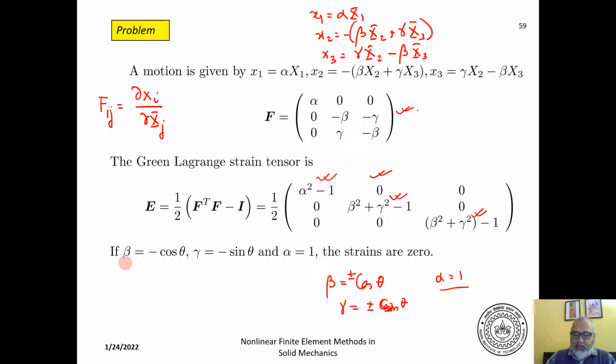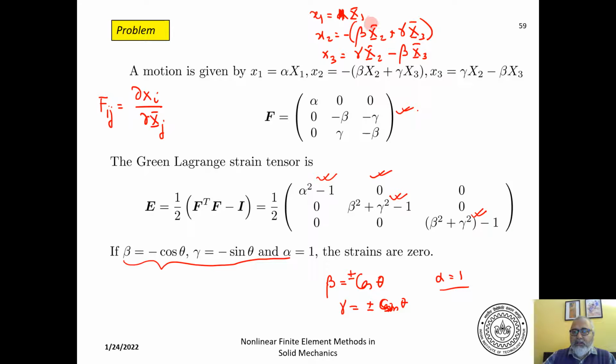So for this choice, let's say, if we take the minus signs, we could have taken the pluses also. But if you take the minus sign for this choice, the Green-Lagrange strain is completely equal to 0, which means that this choice should correspond to a rigid body motion where no deformation is taking place, only a rigid body part of the motion is valid. So if we put that, then alpha is 1, so x1 is equal to capital X1.